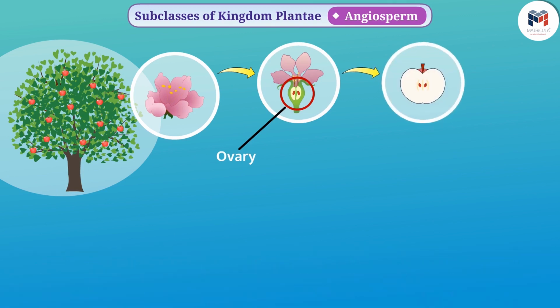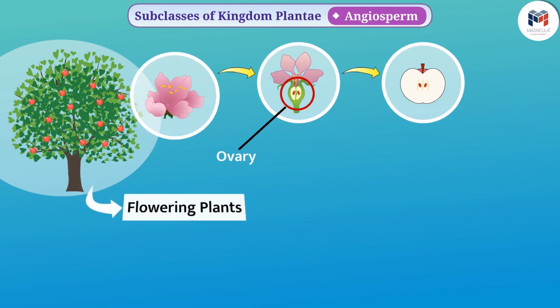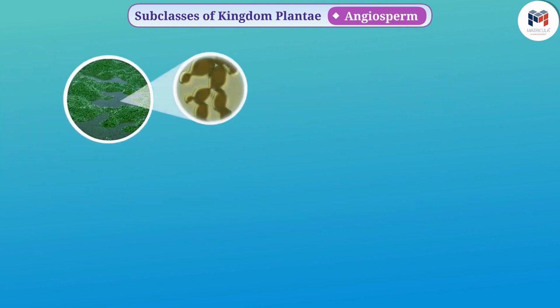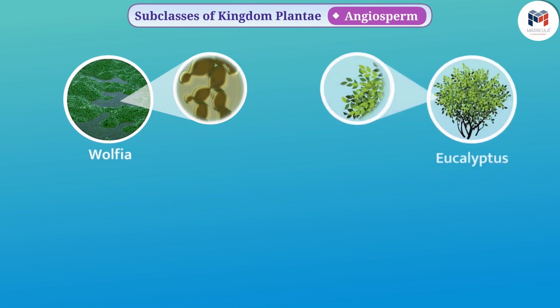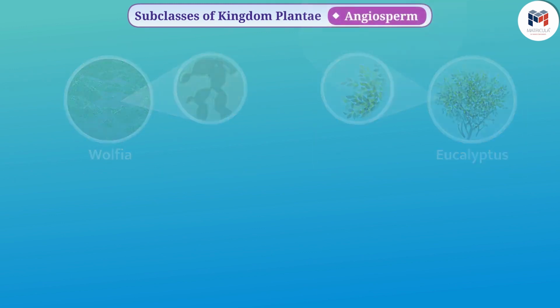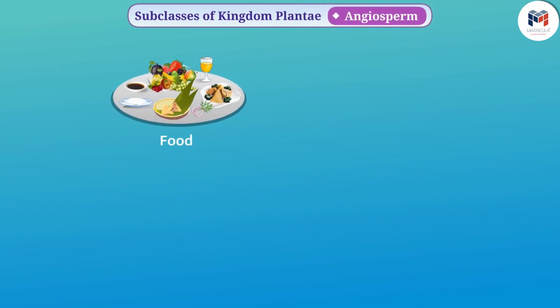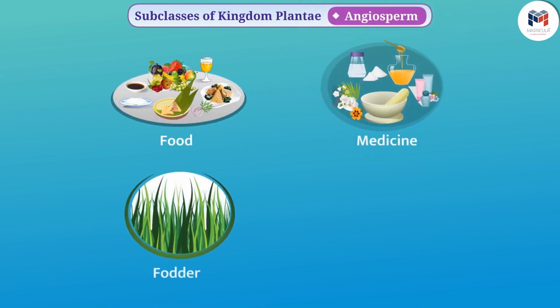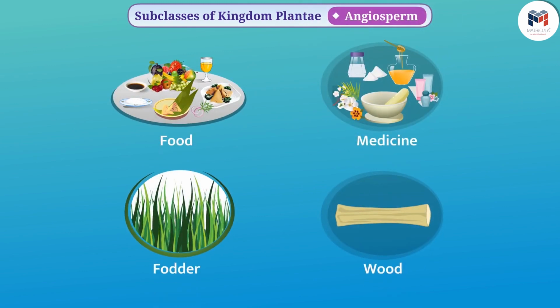Hence, we also call these plants flowering plants. They are the largest class of plants. These range from small plants such as Wolffia to giant trees such as eucalyptus. They are found in various places. From angiosperms, we get food, medicines, fodder, wood, and other products.